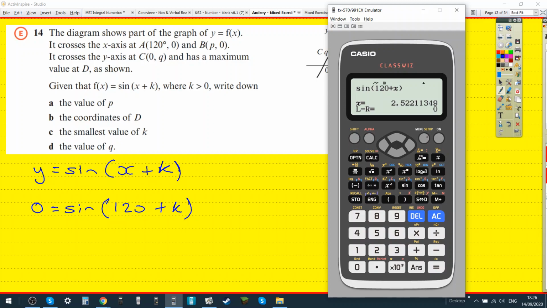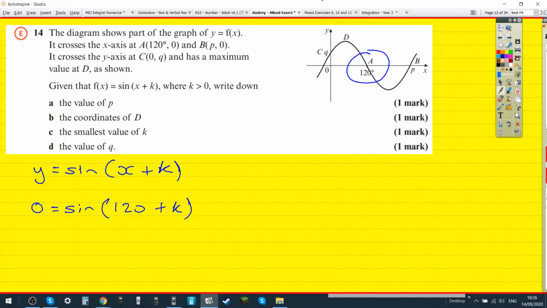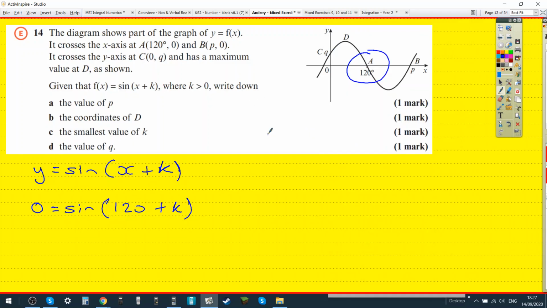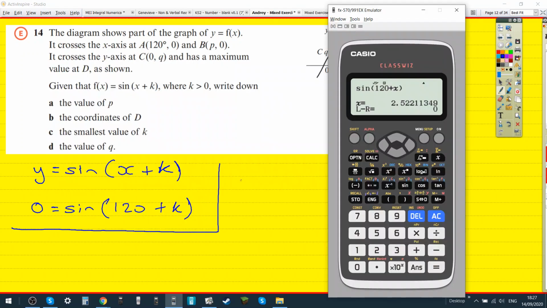I'm in radians. Are you getting an answer for it? I was on the graphical, and it's always weird when I have to put brackets. Yeah, and it gives you loads of solutions. It said syntax error because I closed the brackets 120 plus x and the brackets turned red.